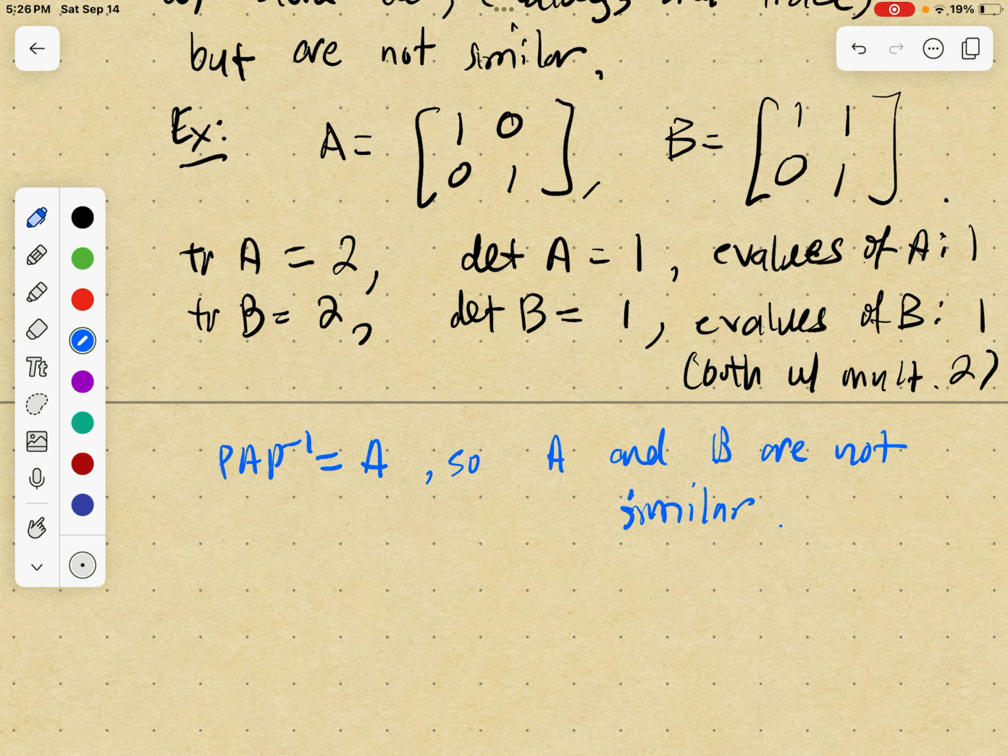There's a theorem that says that two matrices that are similar have to have the same Jordan canonical form. And if they have different Jordan canonical forms, they're not similar. And so the Jordan canonical form is a way to distinguish matrices that are not similar.